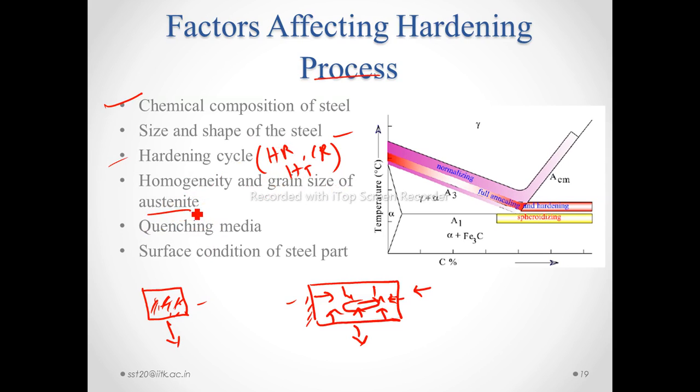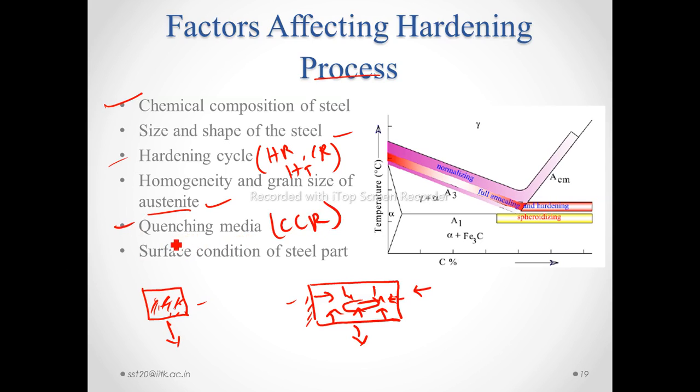If there is non-homogeneous austenite, then while cooling the phase transformation is also non-homogeneous, which will result in irregular microstructures, adversely affecting the mechanical properties. So we need homogeneous and equiaxed grains of austenite. And the quenching medium should give a cooling rate more than the critical cooling rate, CCR, as explained previously.